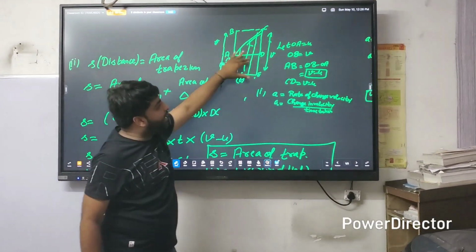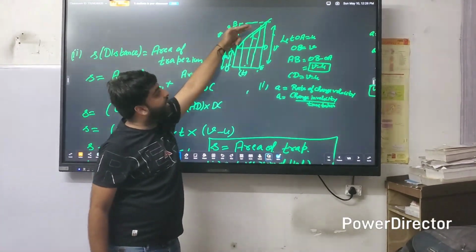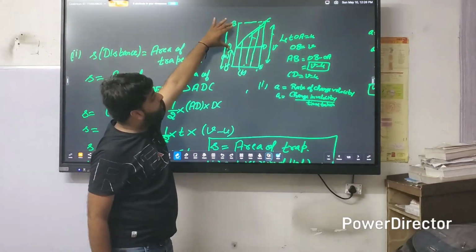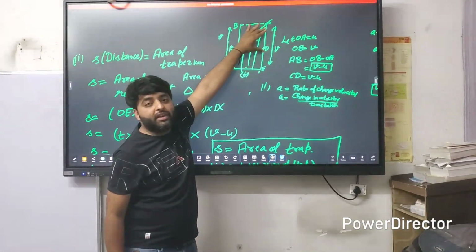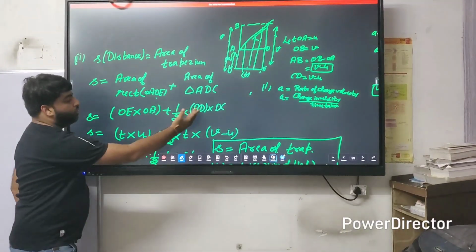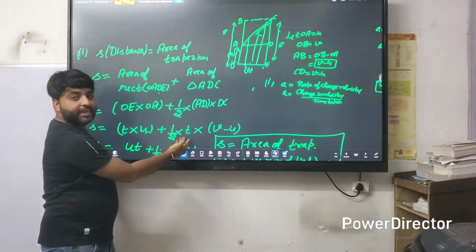And in this rectangle part ABCD, these both sides are opposite and equal. If this is the difference between v and u, this is also the difference between v and u. So DC is the difference between v and u and AD represents t.